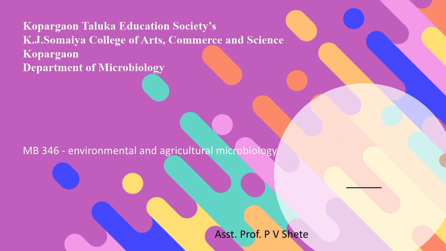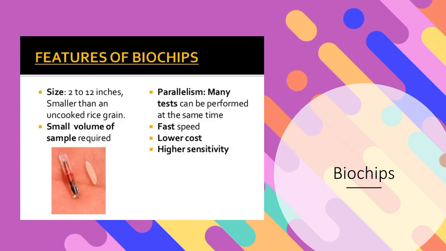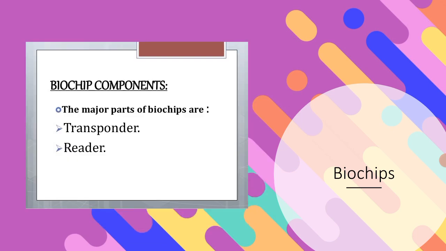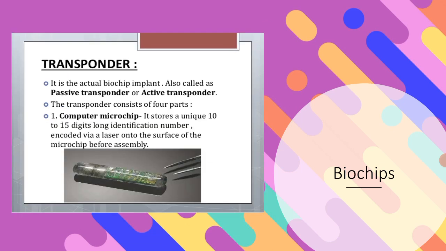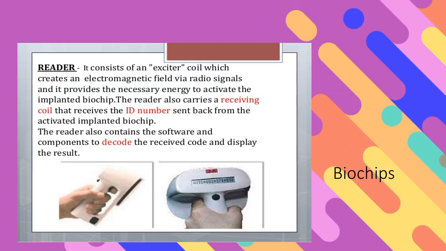In the last online lecture, we saw what biochips are, their main features, why to use biochips, and biochip components, including the transponder and the reader, each subdivided into parts.